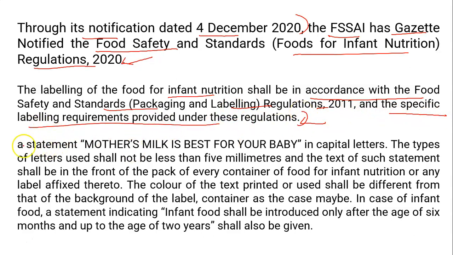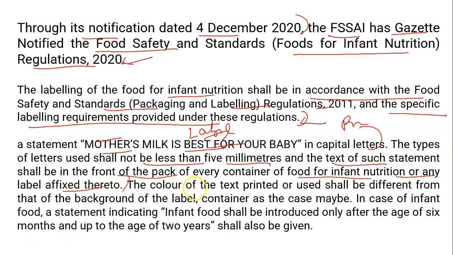A statement is also required that mother's milk is best for your baby. If you are labeling a product related to the baby, you have to give the statement that mother's milk is best for your baby in capital letters on the product. The type of letter used shall not be less than 5 mm, it should be visible, and the text of such statement shall be on the front of the pack of every container of food for infant nutrition or any label affixed thereto.